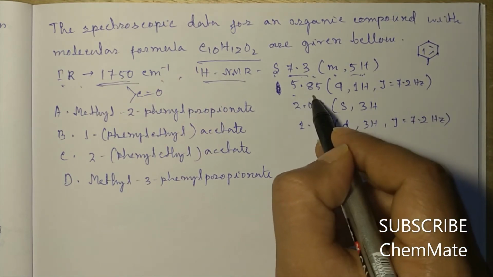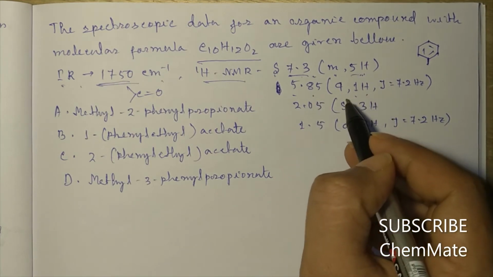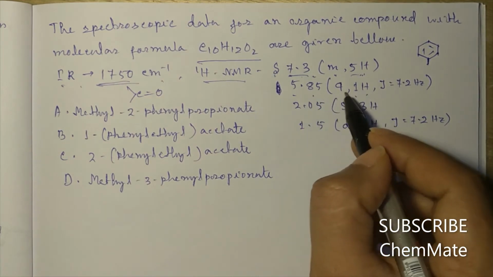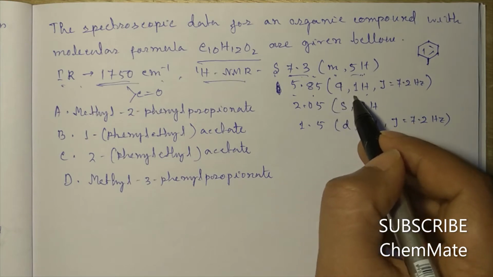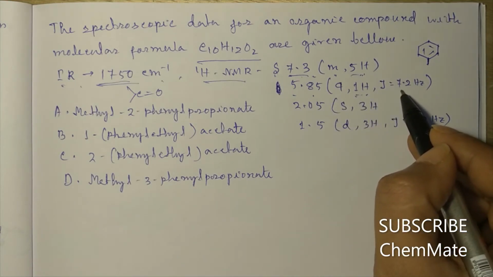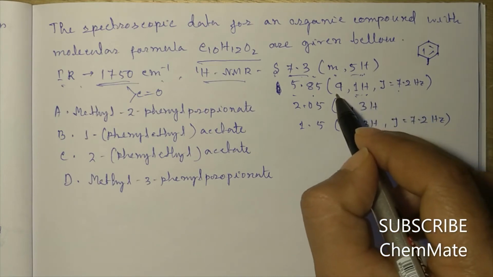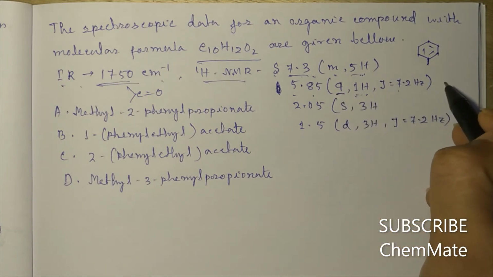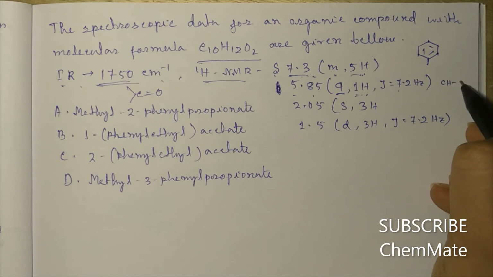Now 5.85, 1H, that means a strongly electronegative atom will be connected with the carbon, and it is a quartet. Quartet means there will be a CH-CH3 group.